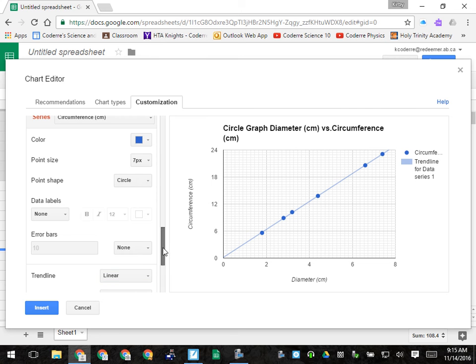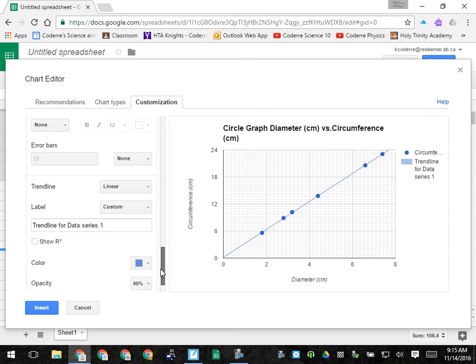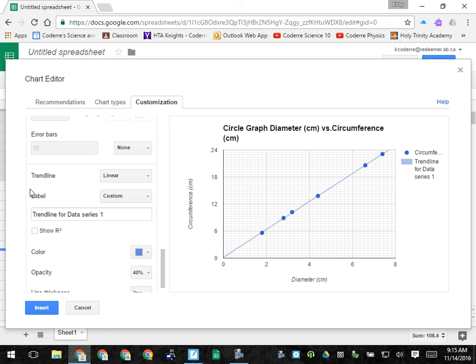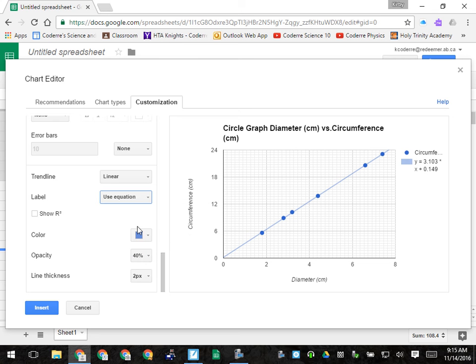Once we put in that linear thing, we get more options when we scroll down. Okay, the one is label. Right now it says custom. That's no good. We don't want that. We want it to spit out the equation for this line. So we click on use equation. Okay, so what are we seeing here? Y equals some number times X plus another number.